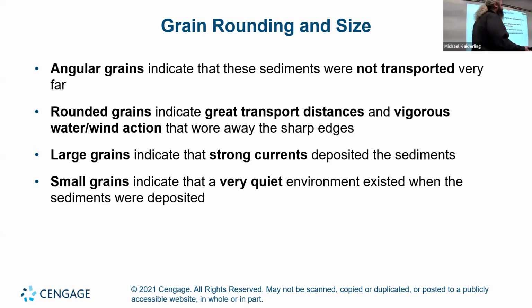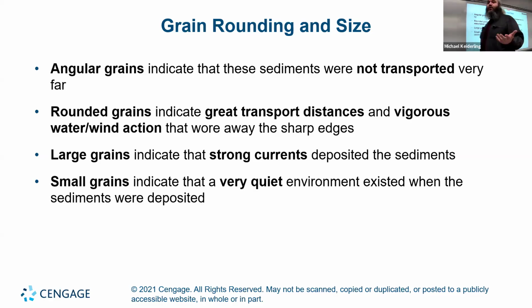We can also look at the grains themselves to get some information about the rock. Angular grains indicate that these sediments weren't transported very far, while rounded grains indicate great transport distances and vigorous water or wind action that wore away all the sharp edges. So conglomerate with rounded pebbles in it has to come from the bottom of streams. That was why it was such a big deal when they found conglomerate on Mars, because we knew that it came from the bottom of a stream, so there had to be running water.